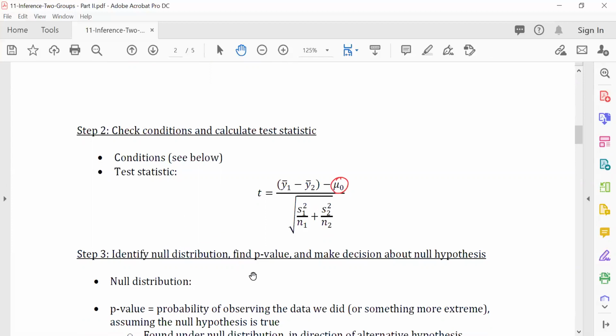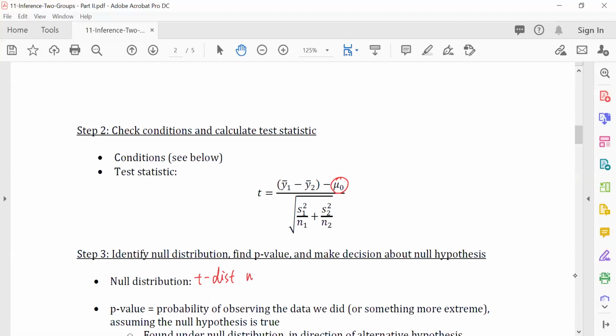The degrees of freedom is going to be a pretty complicated formula. If you want to take a look at the formula, you could read your textbook. The formula is over there.